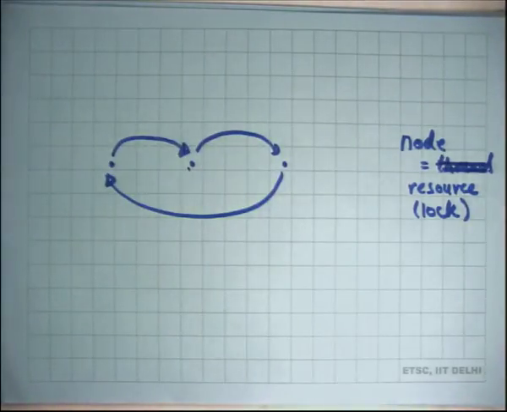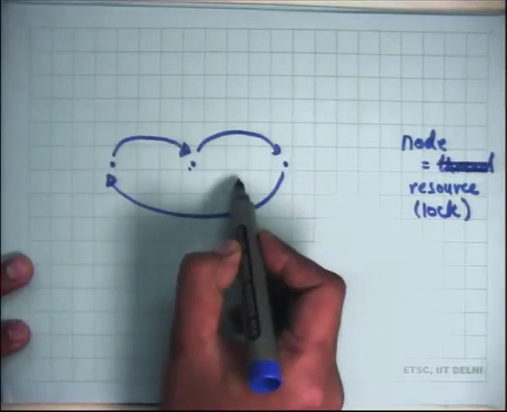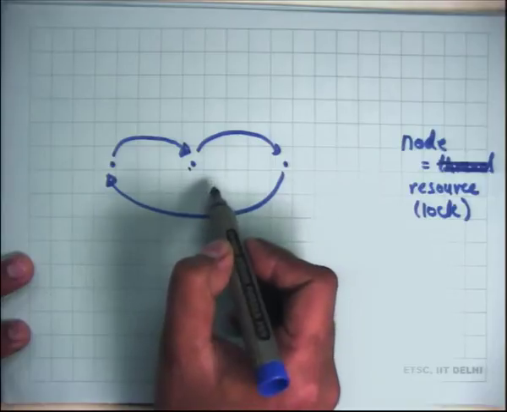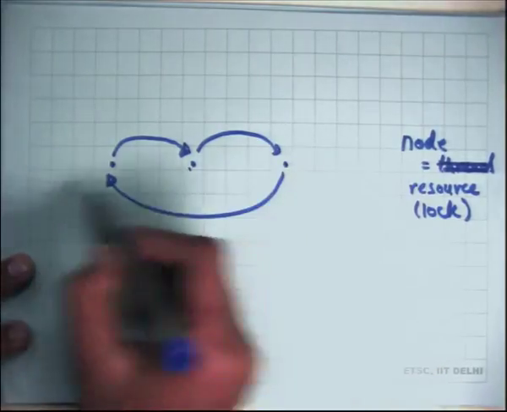So in the example in our accounts, a deadlock could occur because it's possible that one thread is holding account X and requesting account Y, and another thread is holding account Y and requesting account X. But if I put a total order on these resources, on these locks, and I make sure that such backward edges never exist, right?